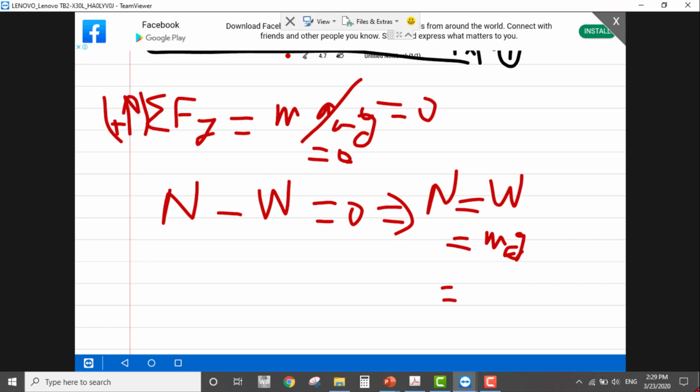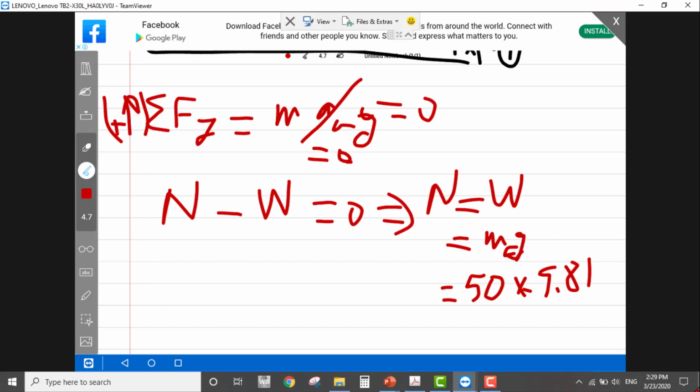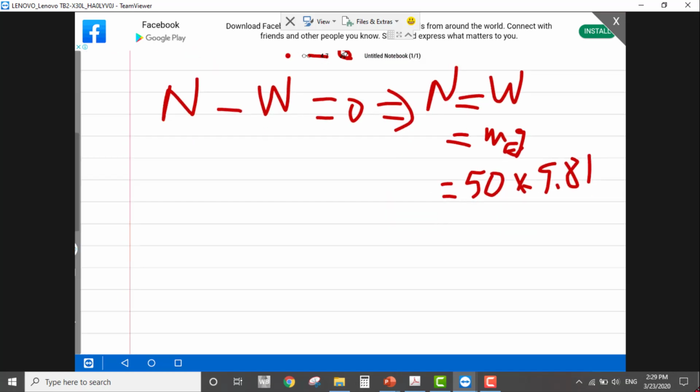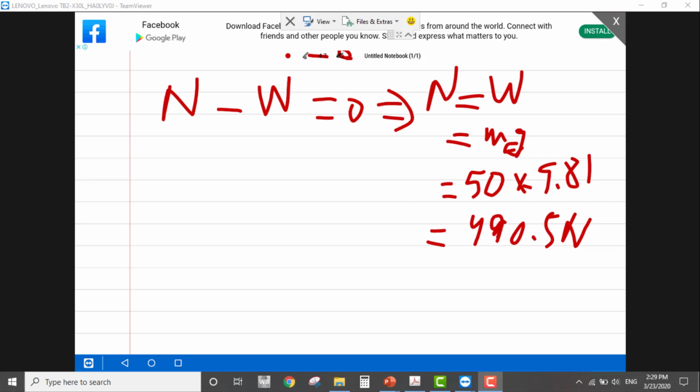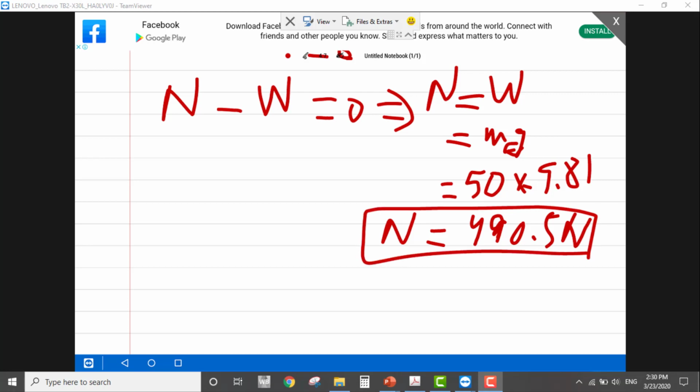This is equal to 50 multiplied by 9.81. Do not use 10 meter per second squared, always use 9.81. So avoid approximation. 50 multiplied by 9.81 gives us 490.5 Newton. So this is the normal force.